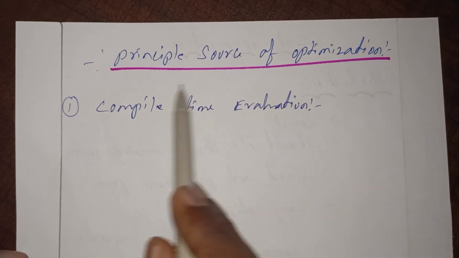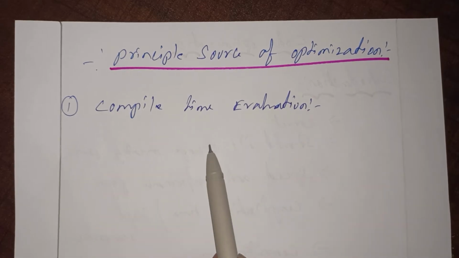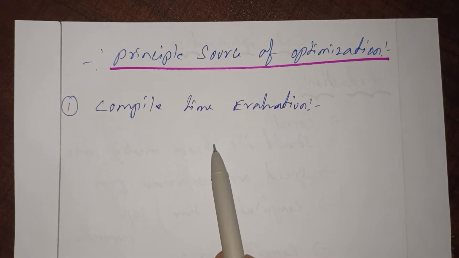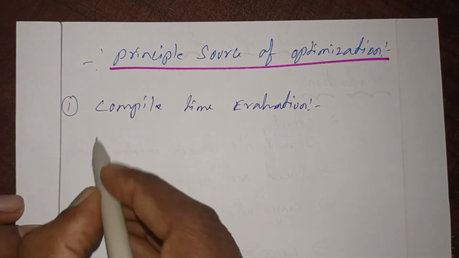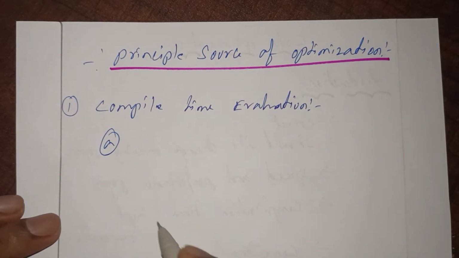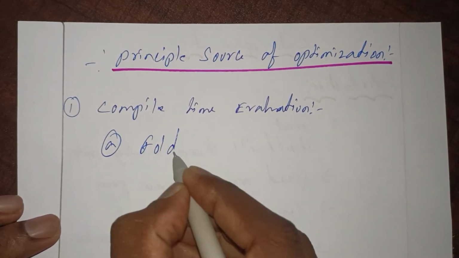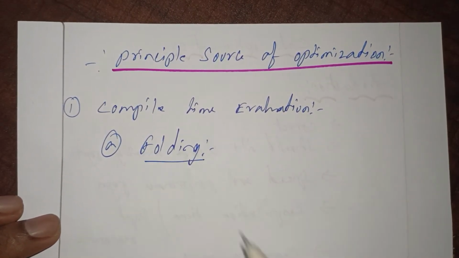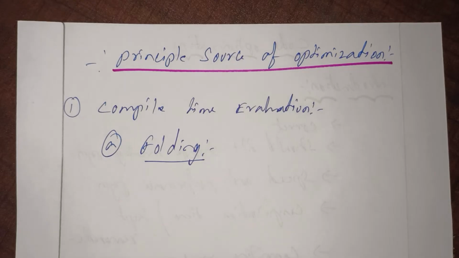Basically, compile time evaluation is used for shifting a computation from runtime to compile time. This can be done by using a technique called folding. So what is folding? Folding is done at compile time instead of execution time.